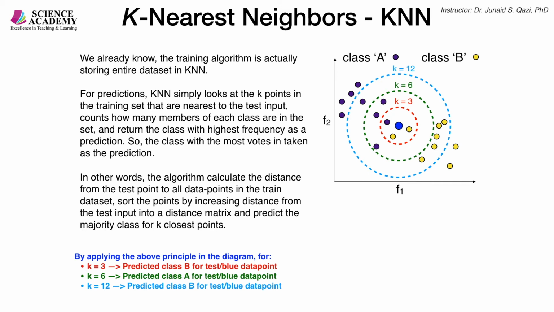For k equal to 6, we have a green dotted circle. There are 2 points from class B and 4 from class A in the green dotted circle.